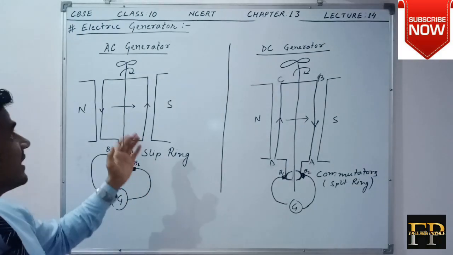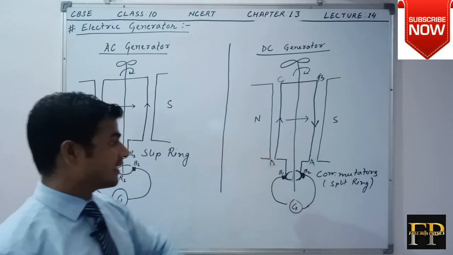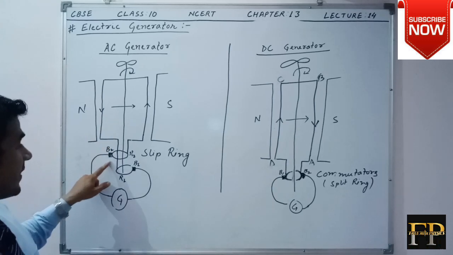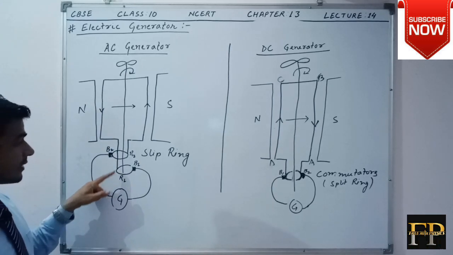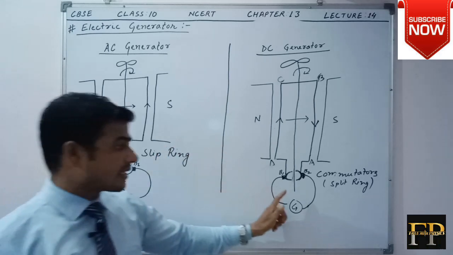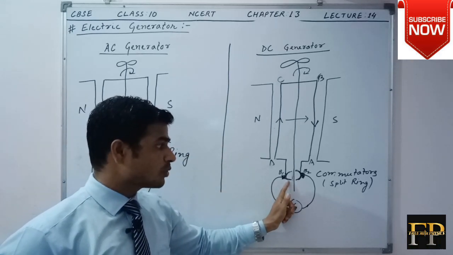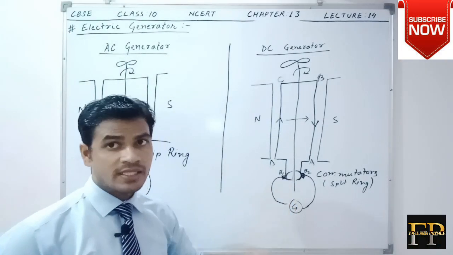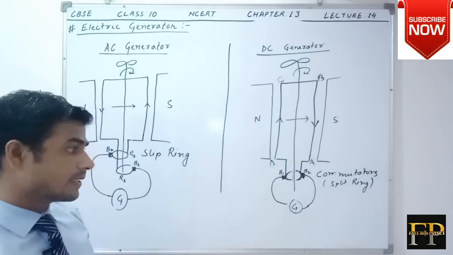The difference between the AC generator and DC generator is that in AC generator we have used two slip rings, and in DC generator we have used commutators, two half rings, and this half ring is called a split ring.